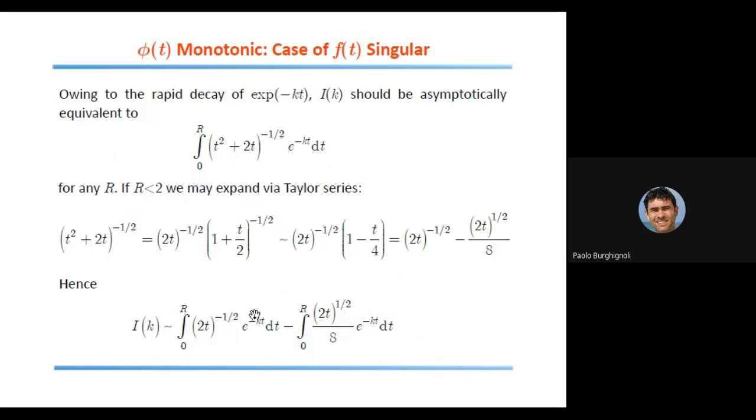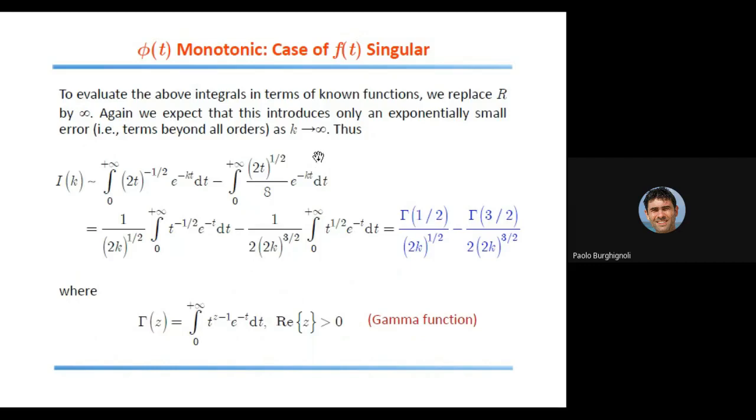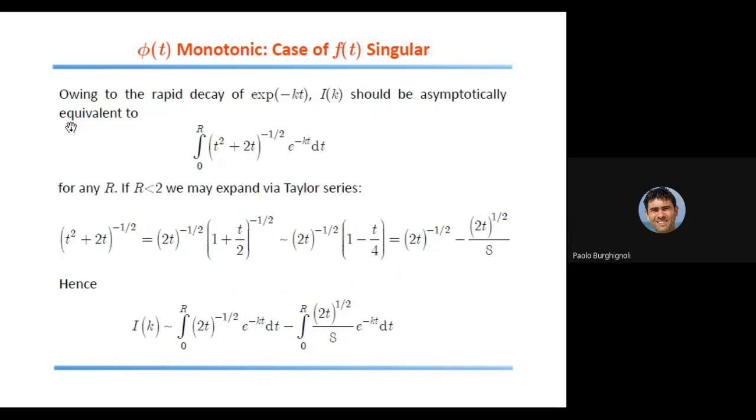So you have the same pattern: a power of the integration variable t, some numerical constant, which does not matter, and then the exponential function. Now, this can be evaluated in terms of known functions if we replace the upper integration limit by infinity, which, note, is not strictly permissible because the radius of convergence of the Taylor series is not infinite, it's bounded.